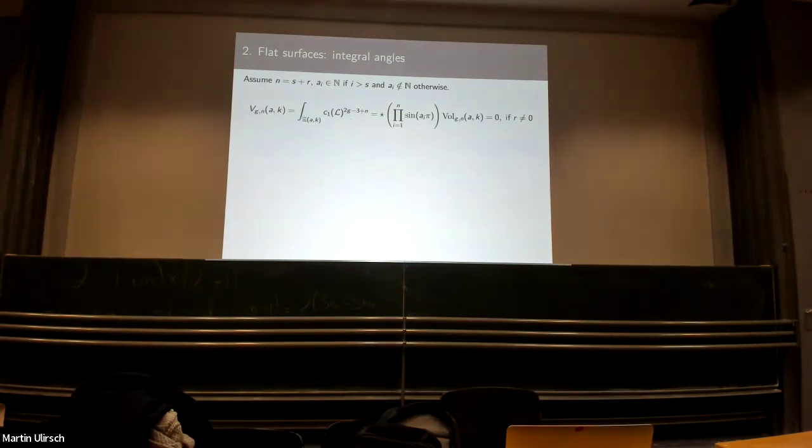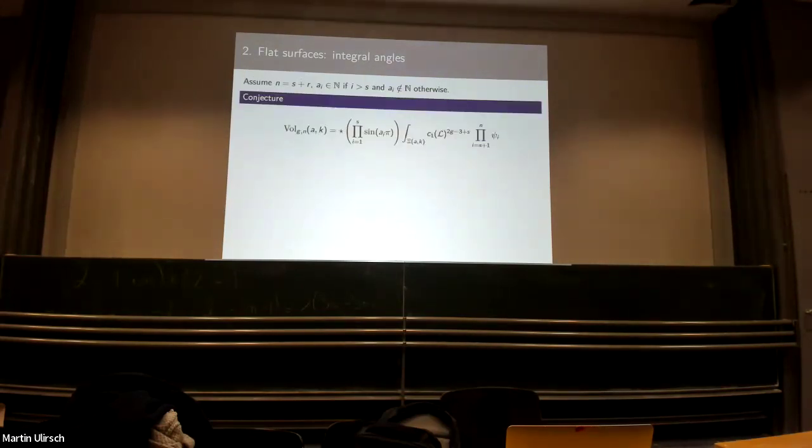So I have to find some other intersection number if I want to represent my volumes as an integral of an intersection number. Conjecture, and here my star can be made precise, but very precise: what should I put instead of this?